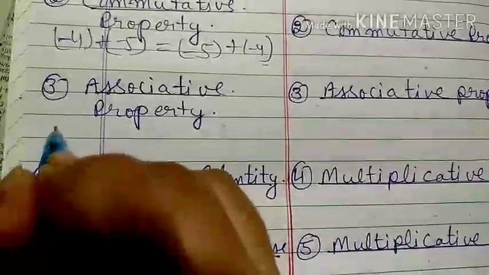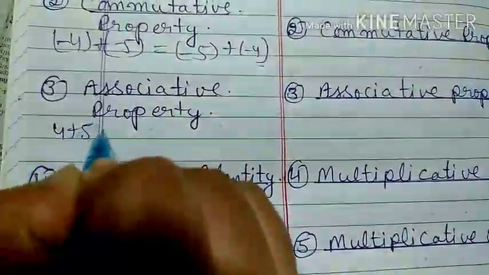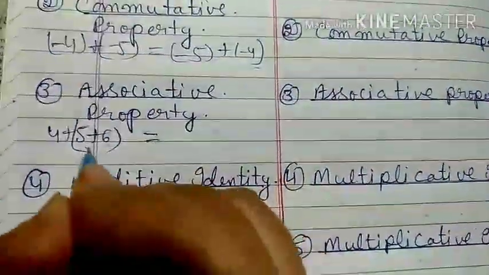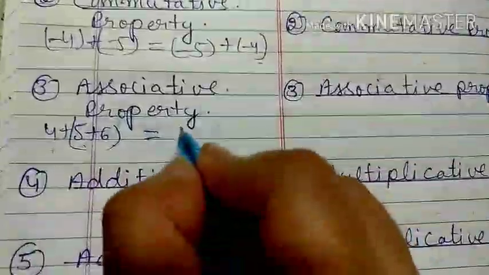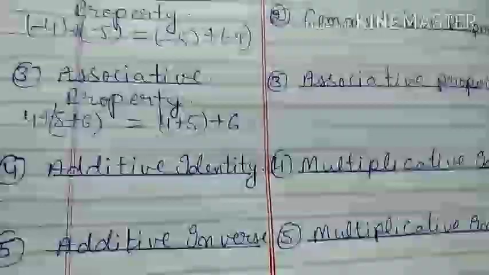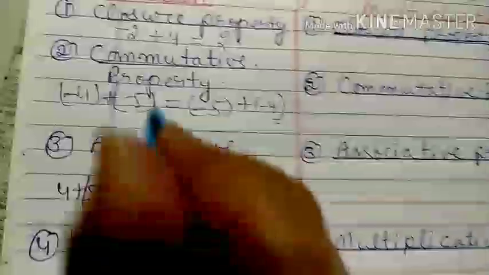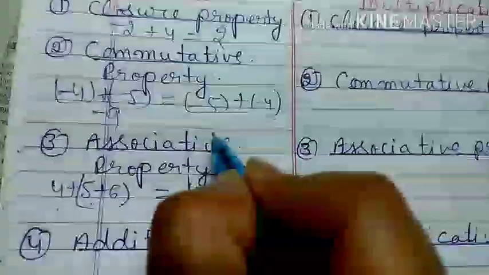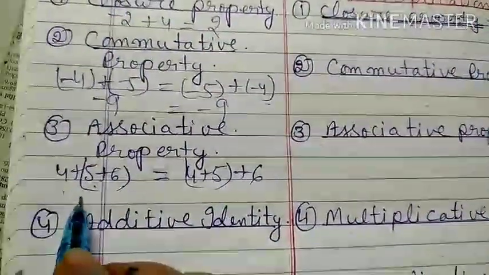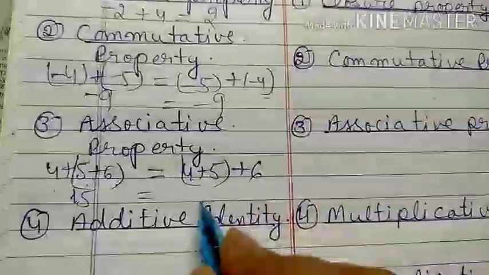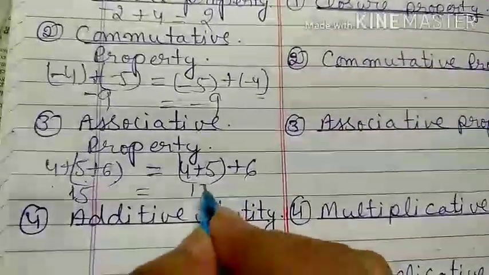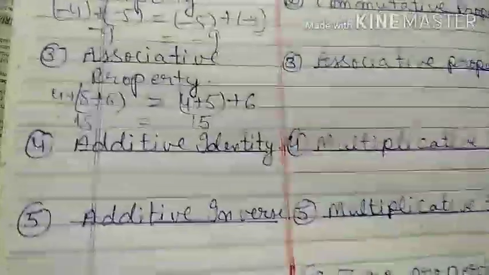Like here, if I add 4 plus 5 plus 6, first I add 5 plus 6 and later 4, or first I add the first two numbers and later the third one. My answer will be the same in both cases, 15.